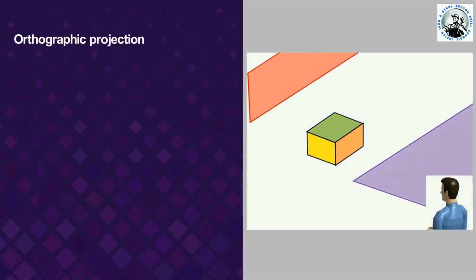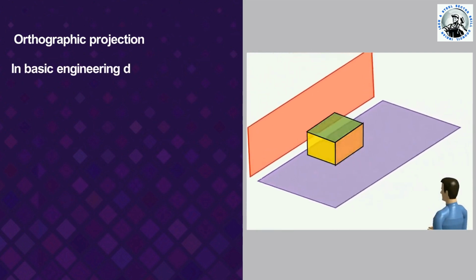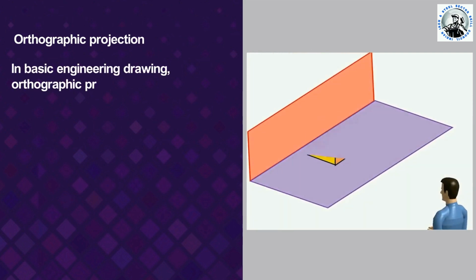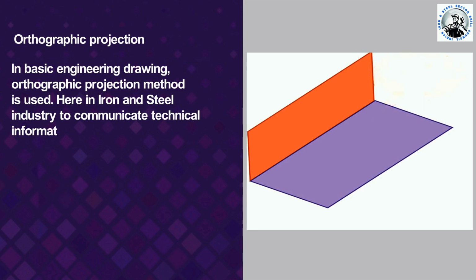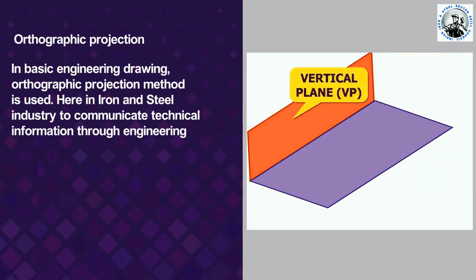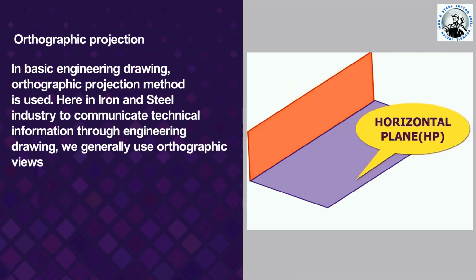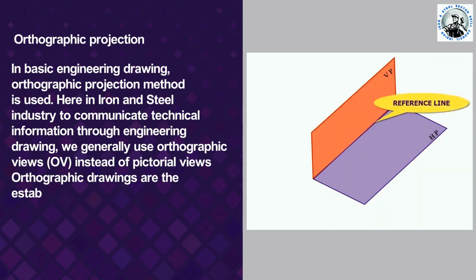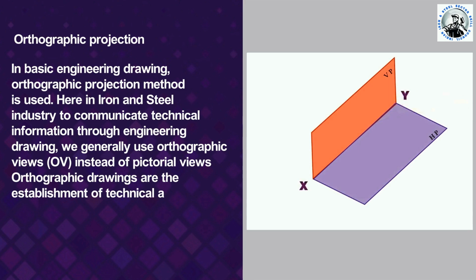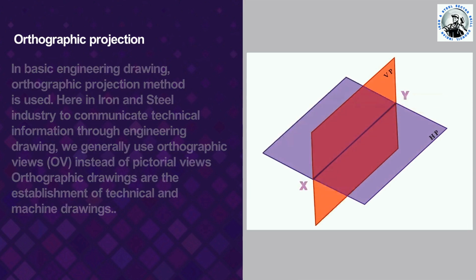Orthographic projection. In basic engineering drawing, orthographic projection method is used. Here, in iron and steel industry, to communicate technical information through engineering drawing, we generally use orthographic views (OV) instead of pictorial views. Orthographic drawings are the establishment of technical and machine drawings.